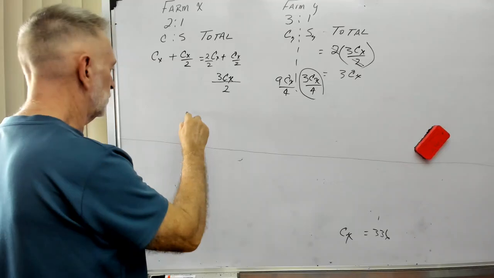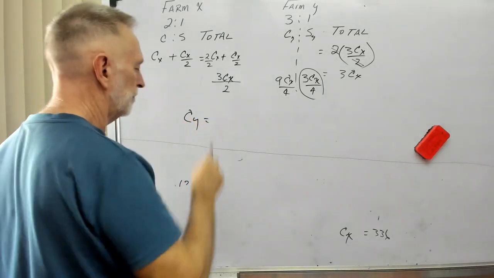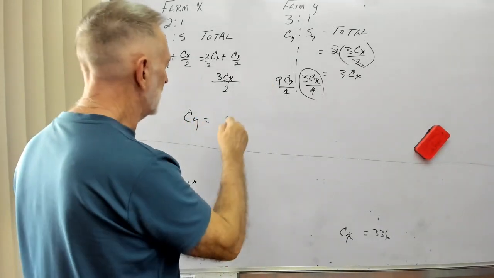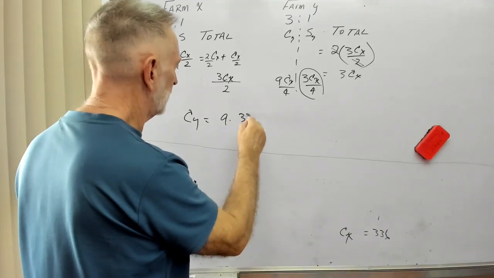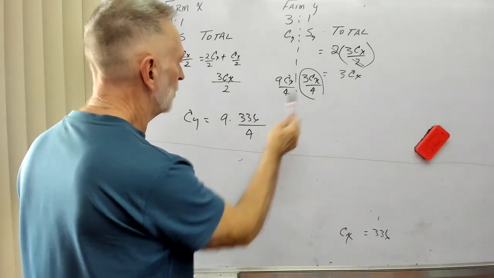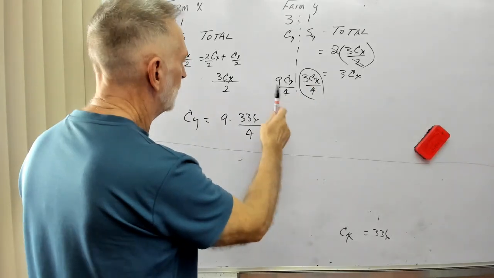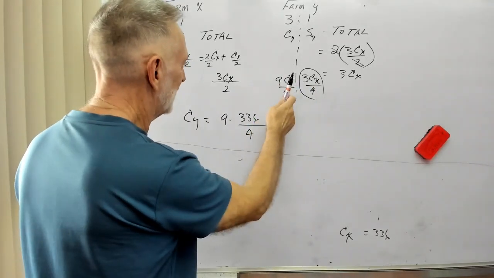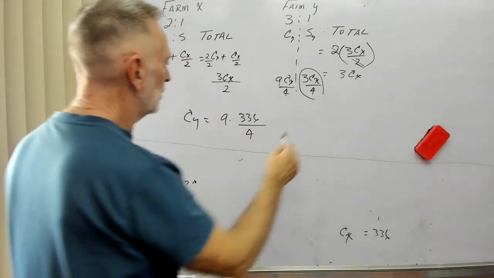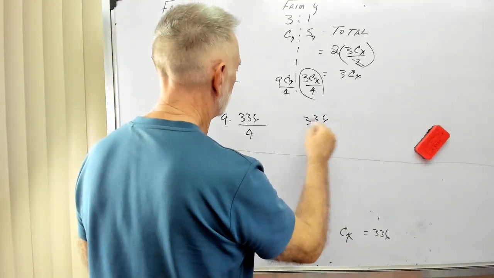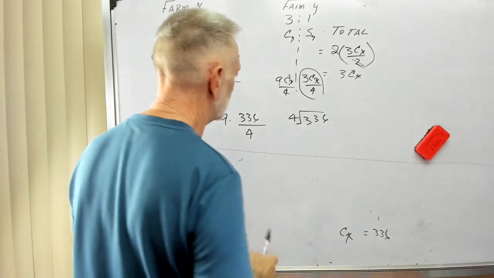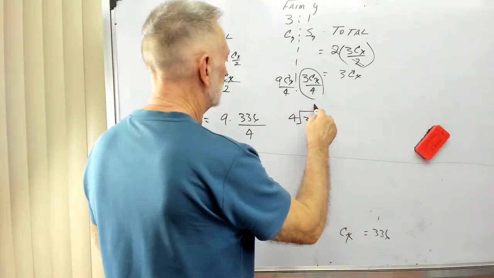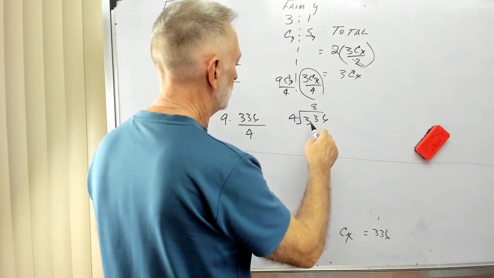Now the question was, what's the cows on y? So it's 9 times 336 divided by 4. 9 times cows on x divided by 4. So 336 divided by 4, I'll just do that first. 8 times 4 is 32.